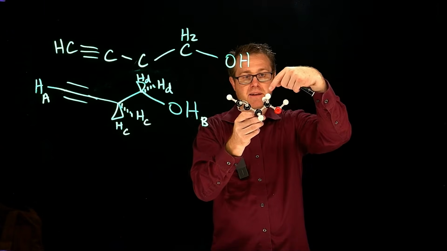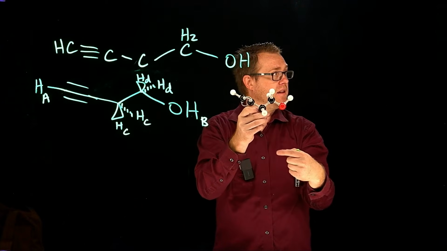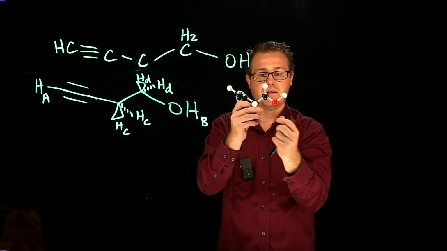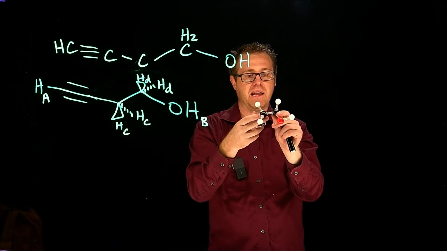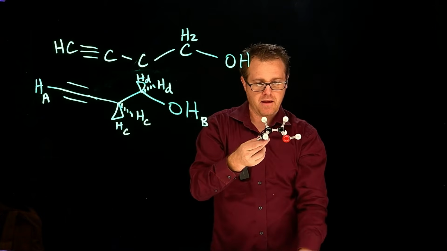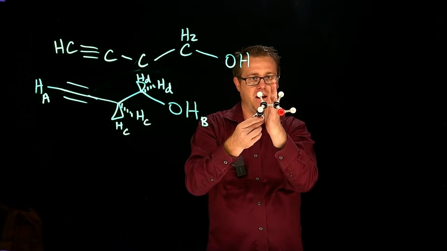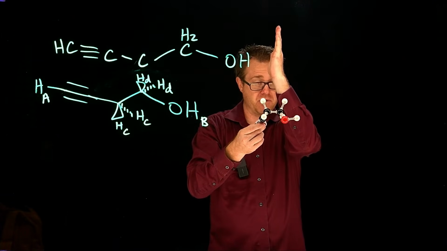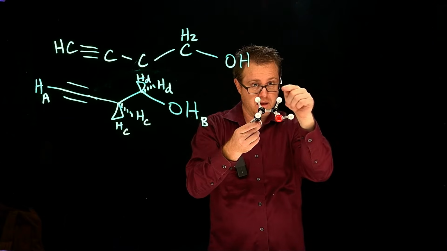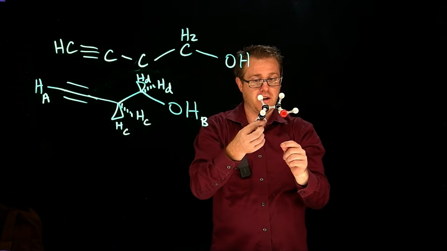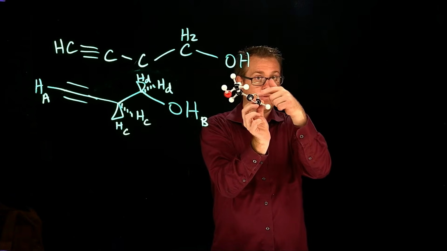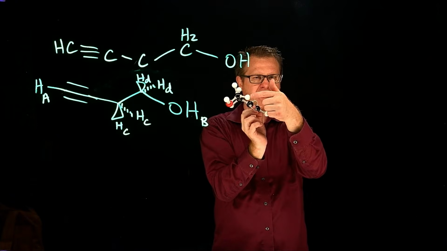Now I'm asking, what's the relationship between this hydrogen and this hydrogen? So I need to rotate the molecule in such a way as to get a plane of symmetry. Now there's a plane here. Well, that's not, if I imagine there's a plane here, there's a reflection of the two hydrogens. That's good. But look, I have this alkyne on one side and a hydrogen on the other.